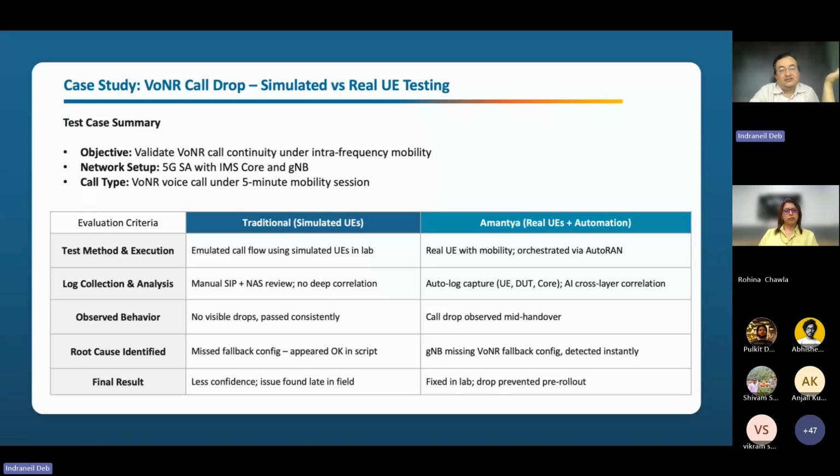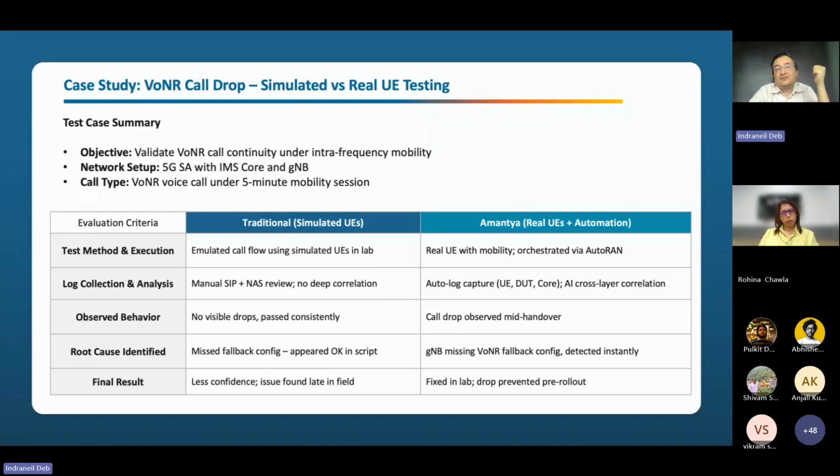But when we shifted to the automation and real UE setup using real devices, we found that the same scenarios elicited multiple call drops. Every time there was a handover, the call would drop. Investigation revealed that there was a fallback config that needed to be done in the G-Node B, which was missing, whereas the actual real handsets were expecting this parameter to be passed to them.